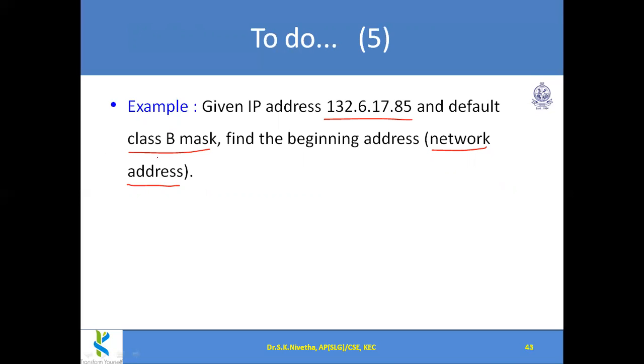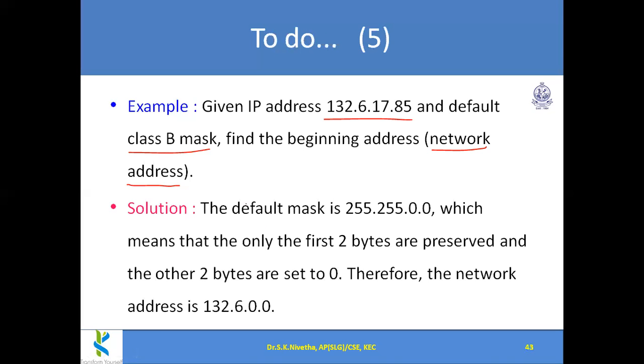Default class B mask, we should remember, is the first 16 bits, /16. So based on that, the default mask is 255.255.0.0. Okay, /16. So the first 16 bits are all ones, remaining bits all zeros.